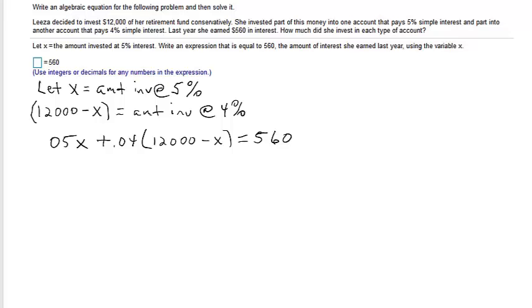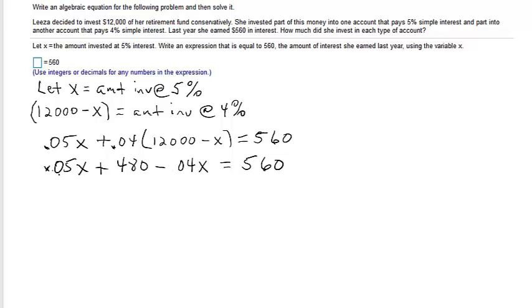Our next step is to use the distributive property to remove the parentheses and then to combine like terms. So we have the 0.05X plus we multiply 0.04 times 12,000 and that gives us 480 minus 0.04 times X, which is minus 0.04X, and that would equal the 560.